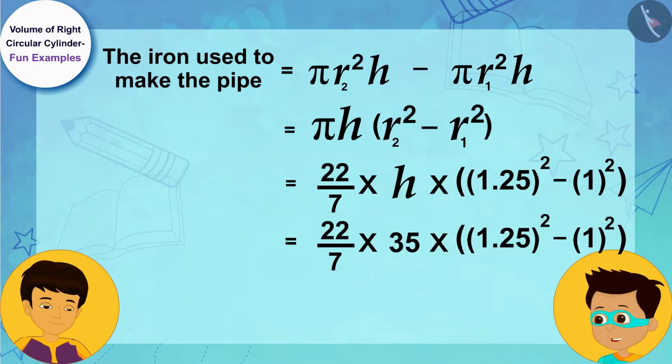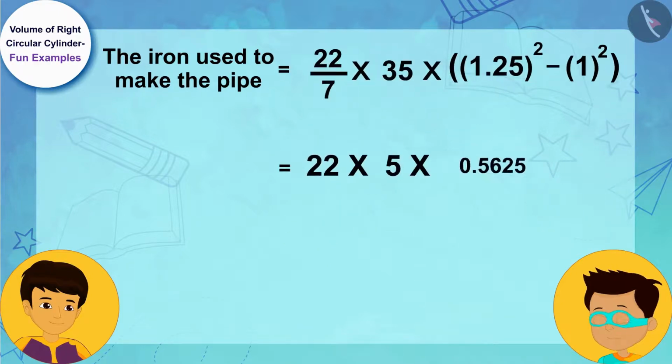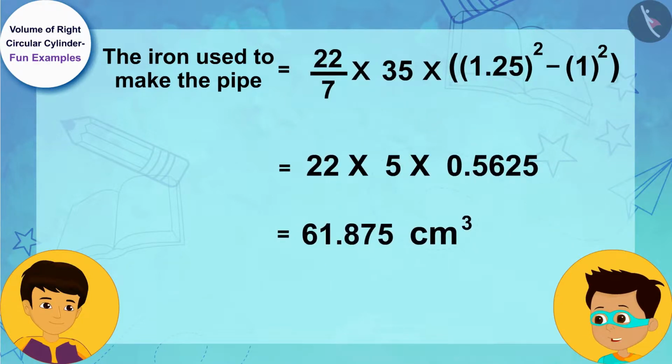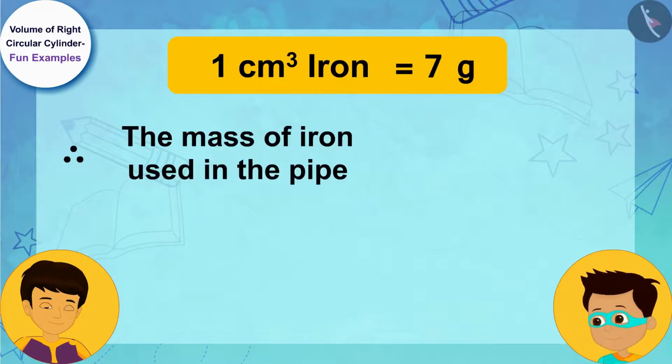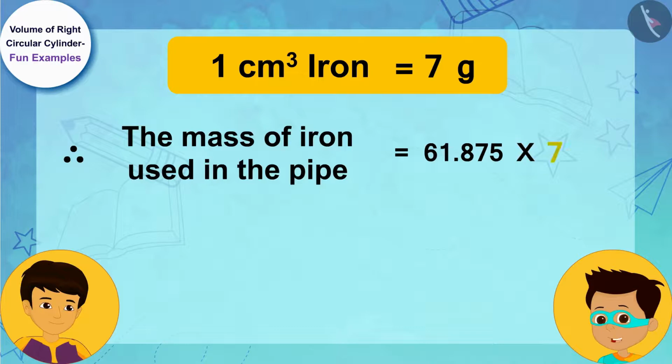Now it's my turn. I will solve it quickly in this way. We know that 1 cubic centimeter of iron is equal to 7 grams. Therefore, the mass of iron used in the pipe is 61.875 times 7.